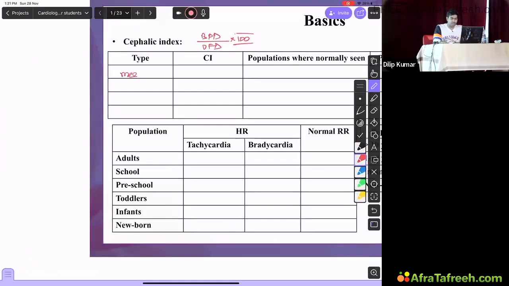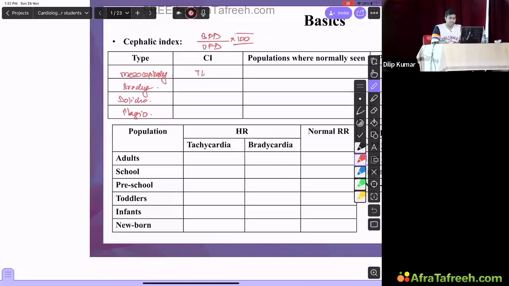First type we call mesocephaly. Second type we call brachycephaly. Third type is dolichocephaly, which is very common in Marfan syndrome patients: dolichocephalic face, straight long face. And finally we have plagiocephaly.